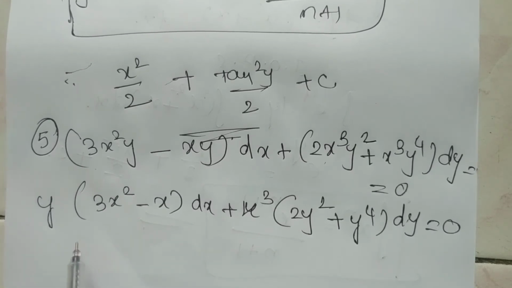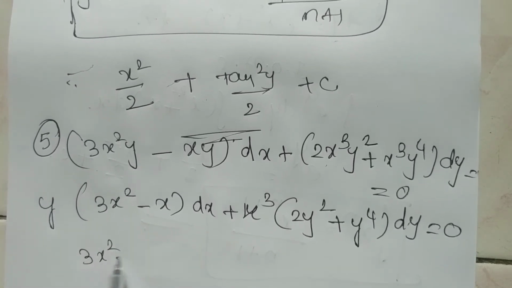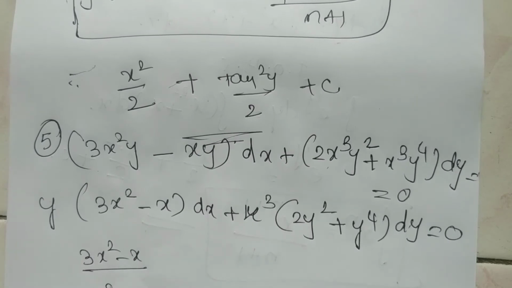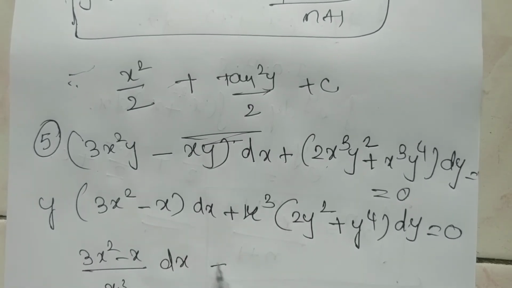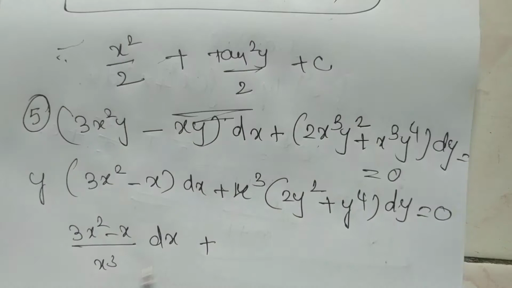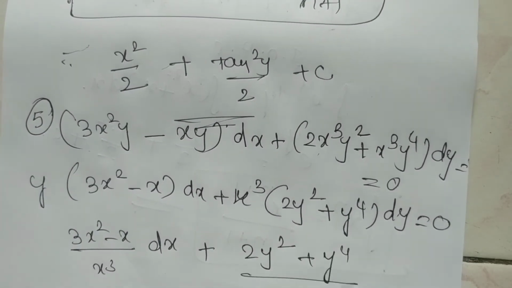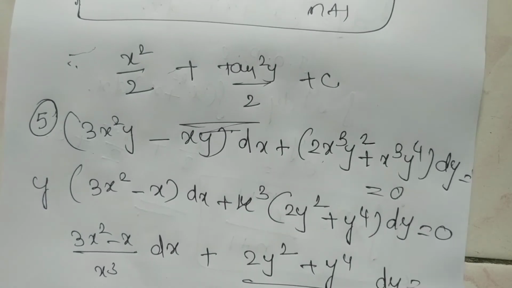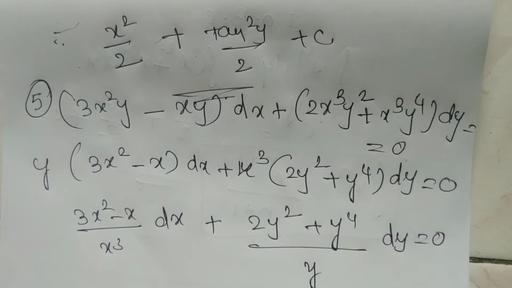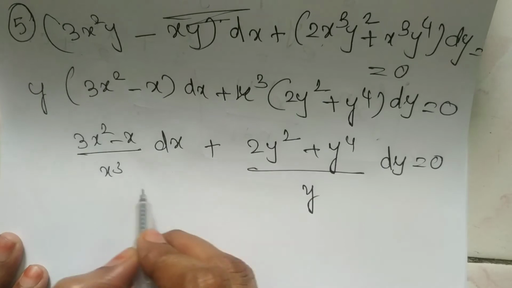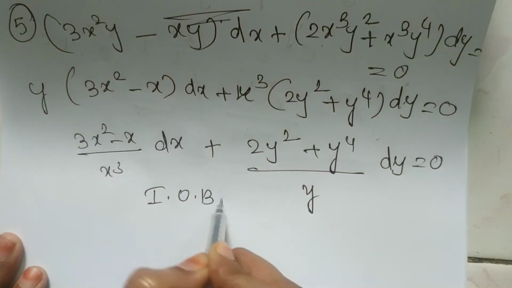Dividing by y x cube, x terms on one side and y terms on the other: 3x square minus x by x cube dx plus 2y square plus y power 4 by y dy equal to 0.